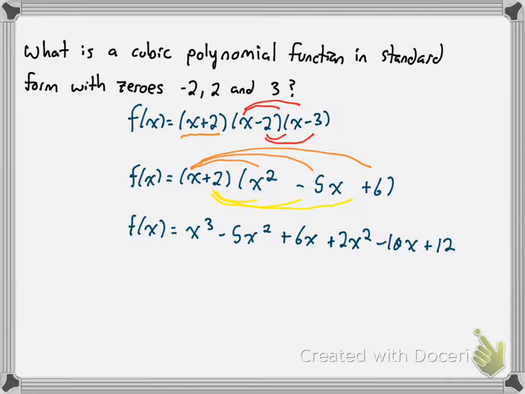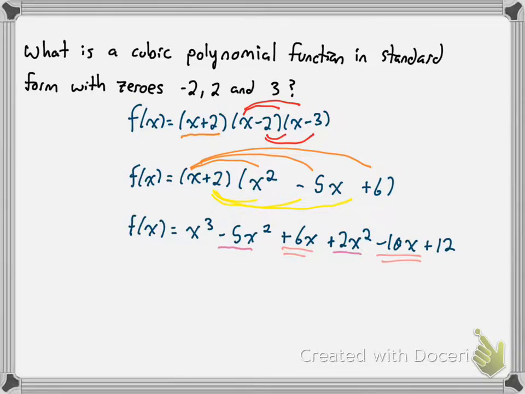Now from here, my last step is to think about if I have any terms that combine. There's no other x cubed, so that'll stay the same. But I see that I have a -5x squared and a positive 2x squared, so I'll combine those. I also see that I have a 6x and a -10x, so I'll combine that as well.